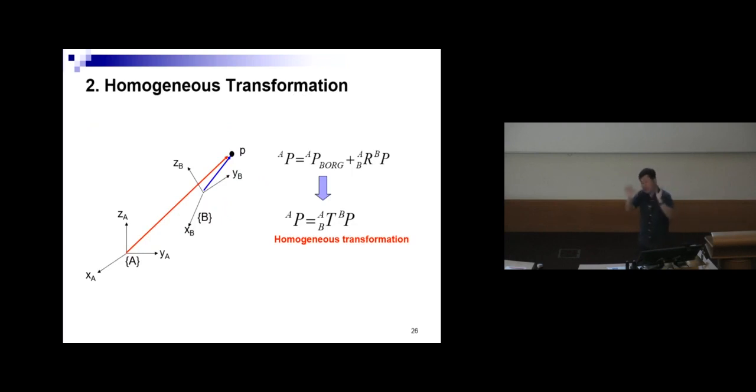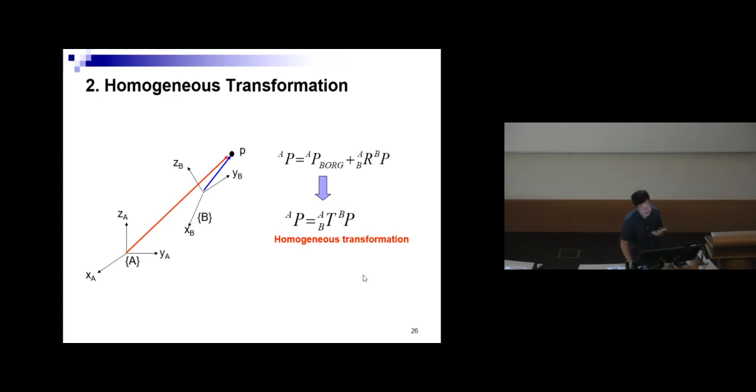So what we've gone through is simply some transformations. Now the next thing we move on to, the matrices that we deal with are 3 by 3 matrices. What we're going to do now is move on to homogeneous transformations.